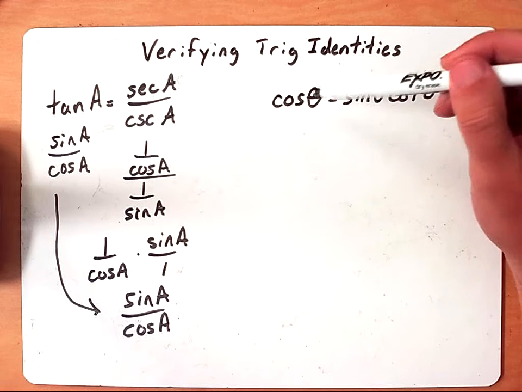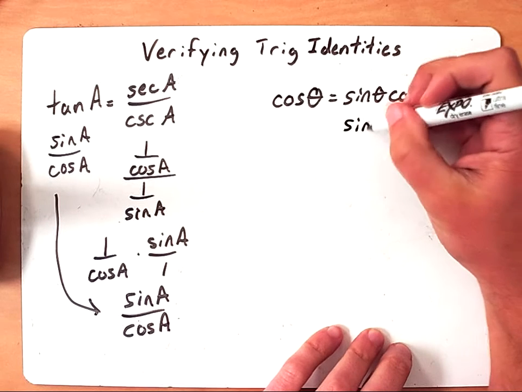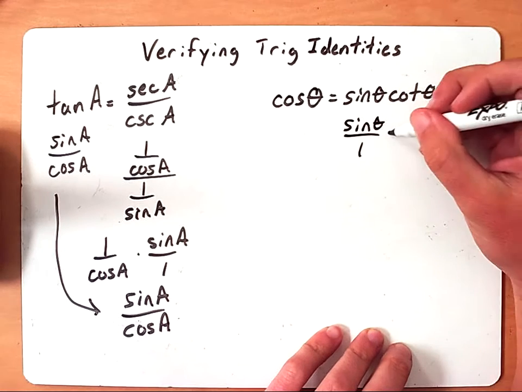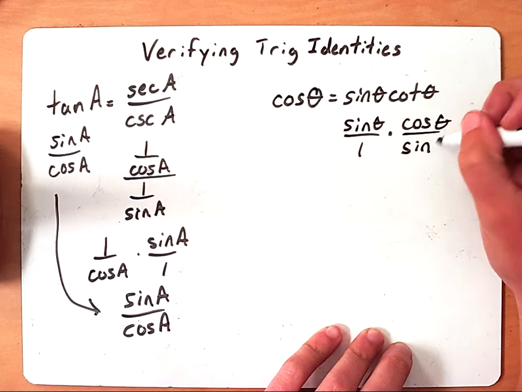We have cosine theta equals sine theta times cotangent theta. So this is going to be the more difficult side, probably easier to reduce down to cosine. So I want to write cotangent in terms of sine and cosine. So I have sine theta over 1 times cosine theta over sine theta.